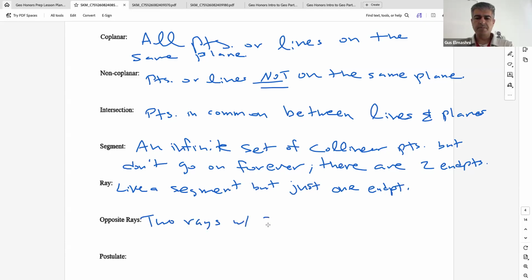I think we want segments. Segment by segment. Aren't lines technically always congruent? Yeah, sure. They're infinite.